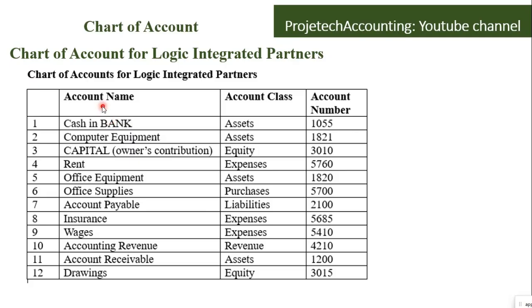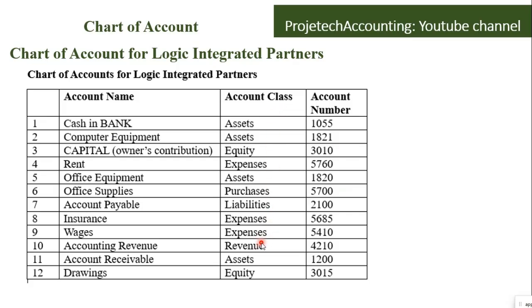So these are the accounts we have set up in our journal, and we're going to create these accounts in our chart of accounts in Sage 50. That is what we're going to do. These are the accounts, the chart of accounts for Logic Integrated Partners, with the respective account numbers and the account class.